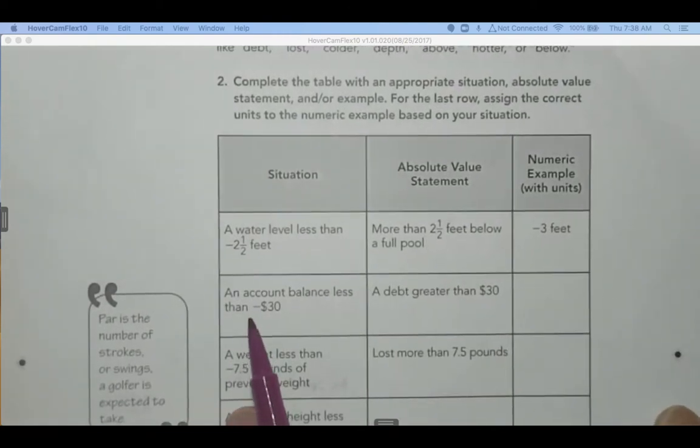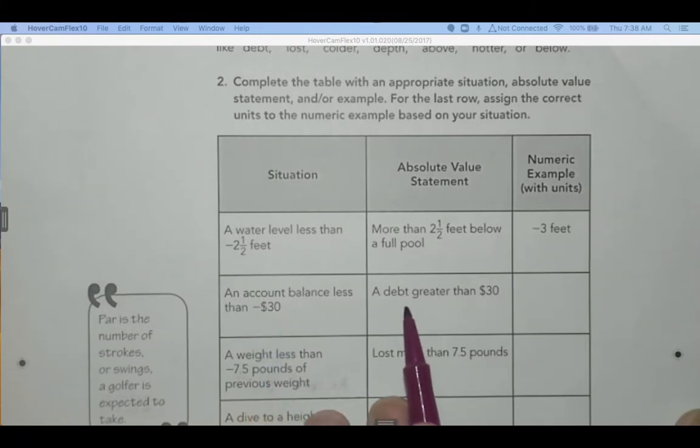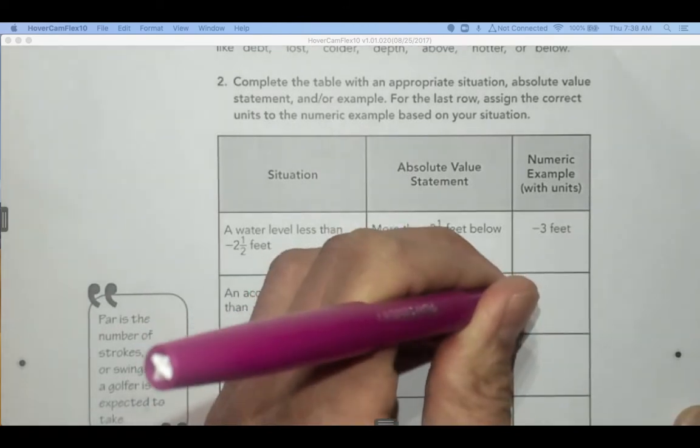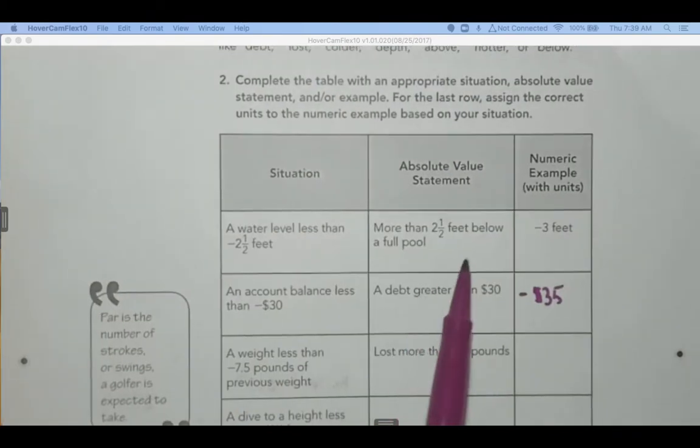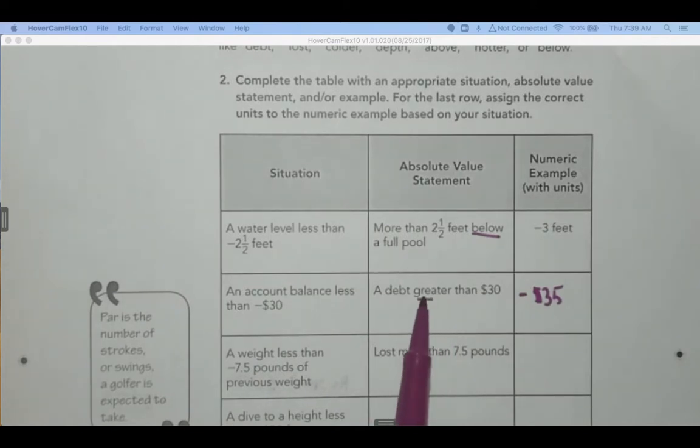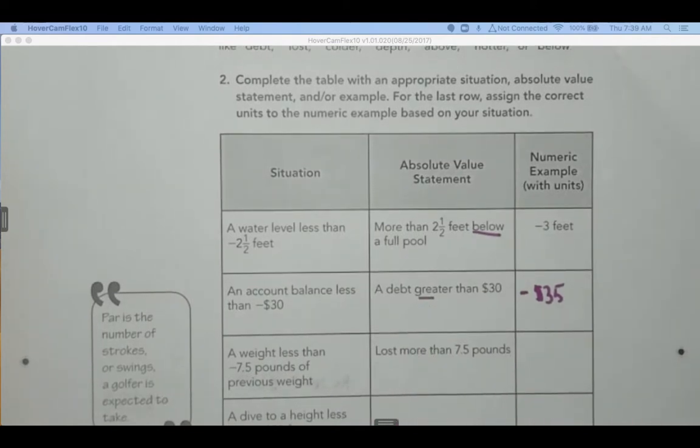Next, an account balance less than negative $30, a debt greater than $30, and an example would be negative $35. Got it. So negative 3 feet would be below, and a debt that's greater than.